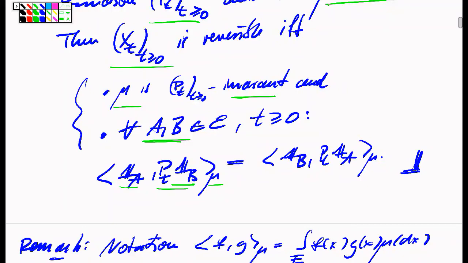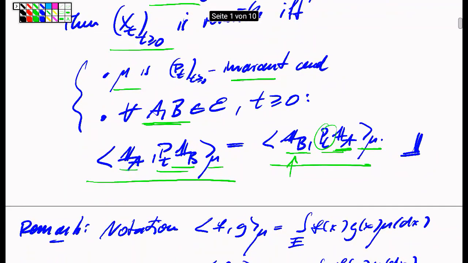Then the claim is that this quantity is the same if the roles of the sets A and B are interchanged, which means that this quantity on this side is the same as if we hit the indicator function of the set A with the P_t function first, and then take this resulting function in the inner product with the indicator function of the set B, where we use the inner product which is induced on functions on our state space as the L2 inner product with regards to the measure mu.